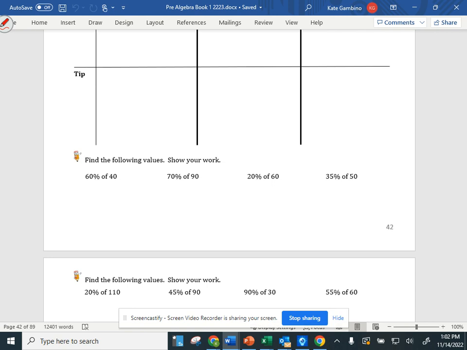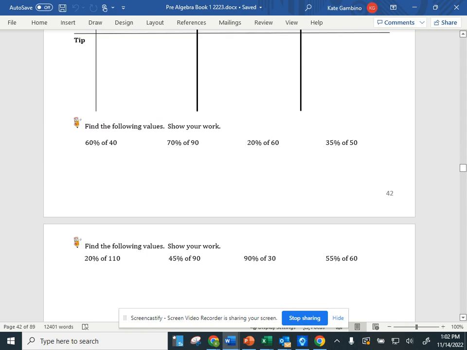Who wants to come up and show us how they solved it? Tatum. With 60% out of 40, 60% is 60 hundredths.